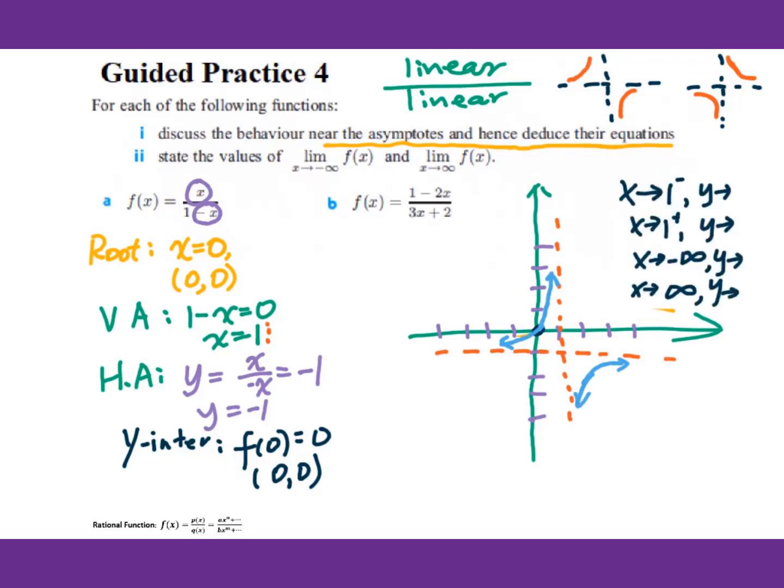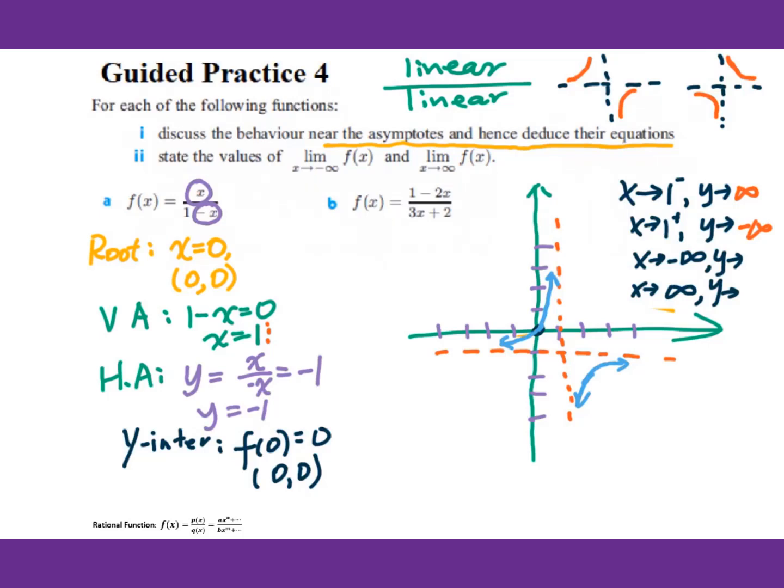Now we can discuss the behavior near the asymptotes. As x tends to 1 from the left side, y goes to positive infinity, while as x tends to 1 from the right side, y goes to negative infinity.